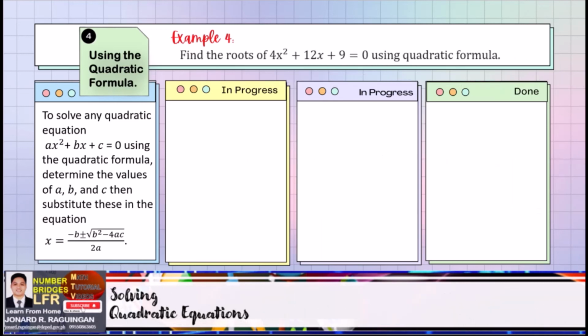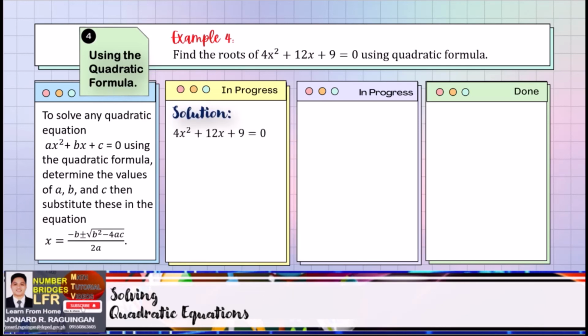Let's have an example. Find the roots of 4x squared plus 12x plus 9 is equal to 0 using quadratic formula. First, see to it that the quadratic equation is in the standard form and identify the values of a, b, and c.